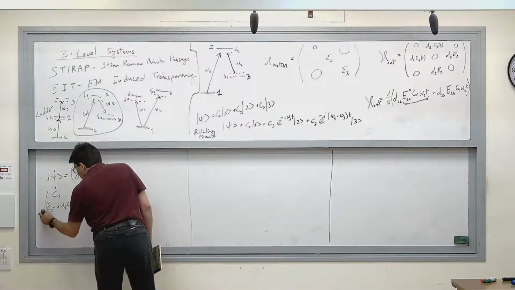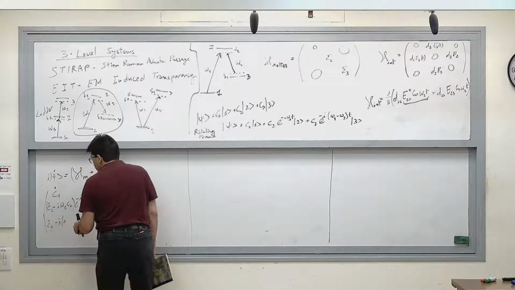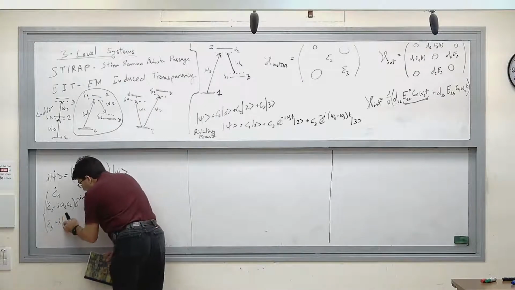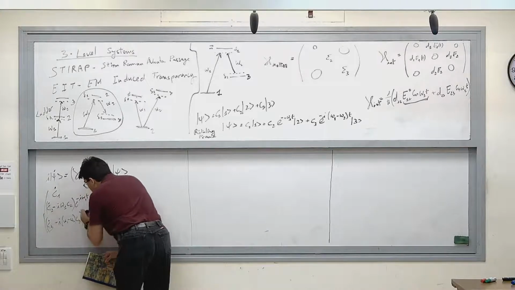And then here we'll have C3 dot minus i omega 1 minus omega 2 C3, and this entire 3 times e to the i.